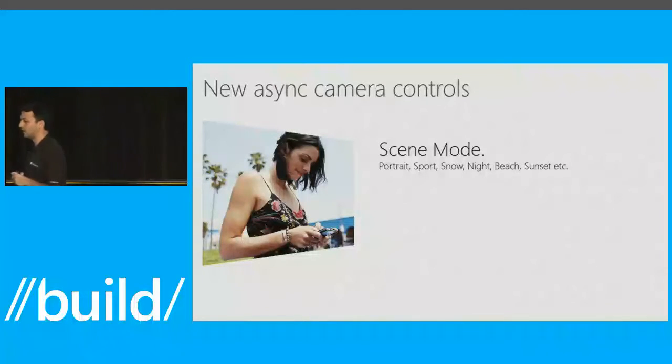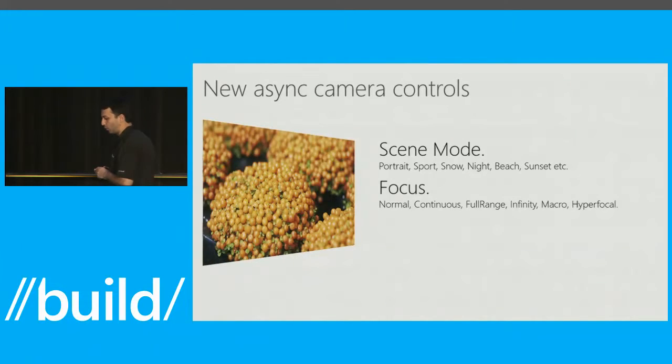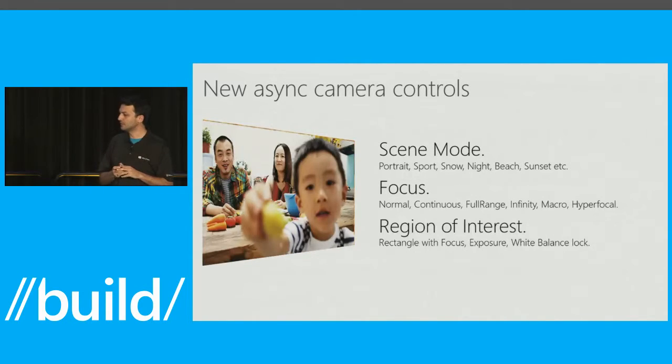So we are introducing with 8.1 a scene mode, where the user can choose the characteristics of the scene, so the imaging algorithms can do a better tuning. We are adding more focus functionality, more parameters into the focus functionality, so that the more advanced users will be able to take even more interesting pictures.